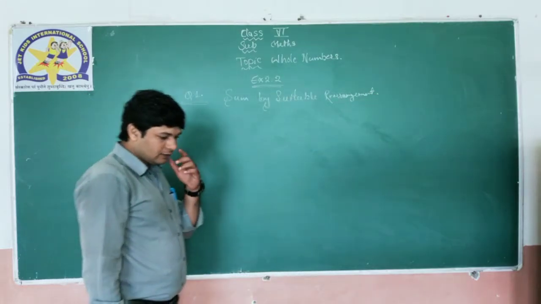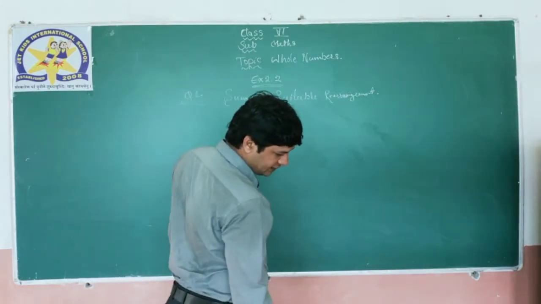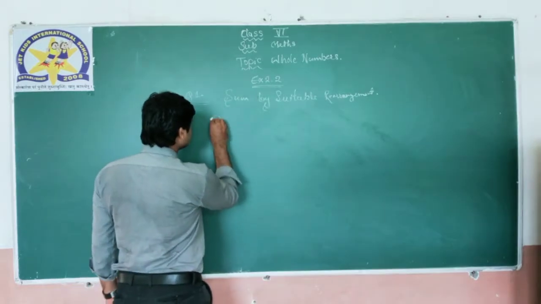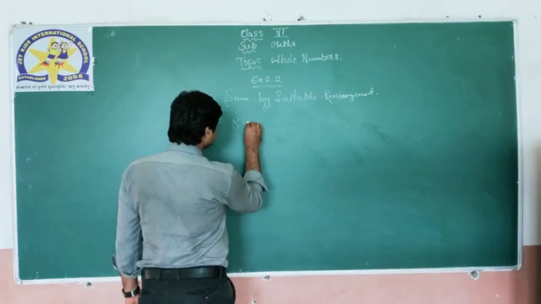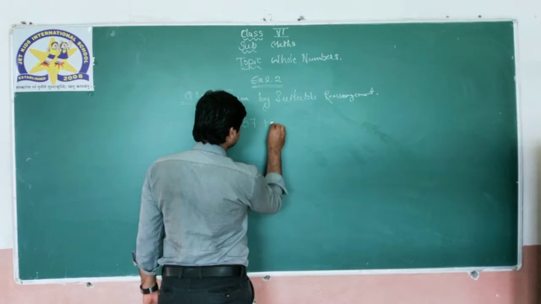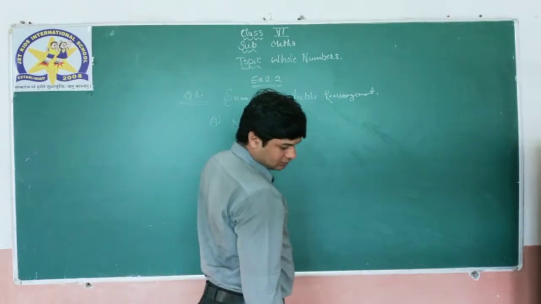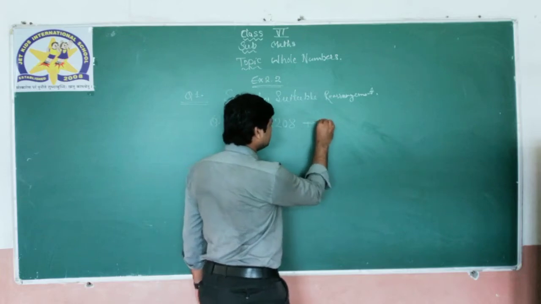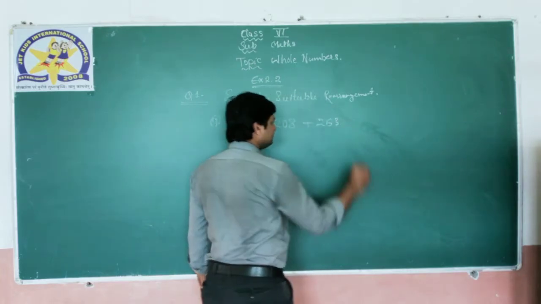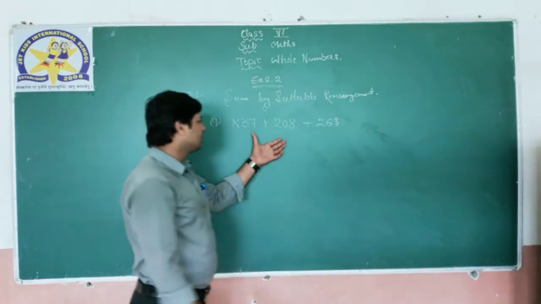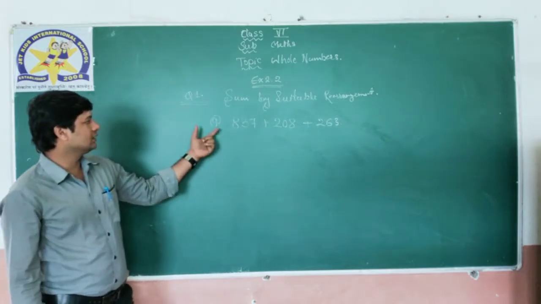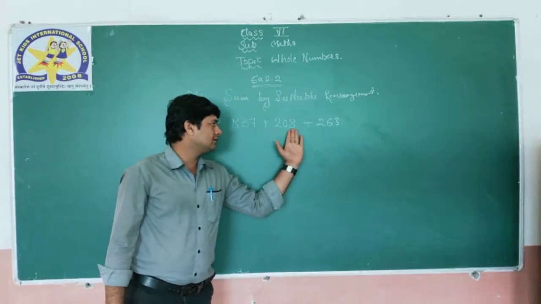Okay, now first of all the question is 837 plus 208, then 263. Here, this is the first question. So the first sub-question is 837 plus 208.